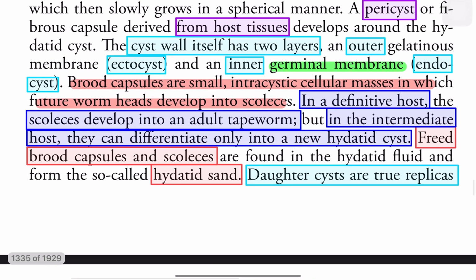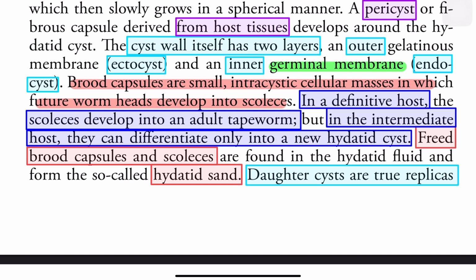In the definitive host, scolices develop into adult tapeworm, but in the intermediate host they differentiate into new hydatid cysts. So in humans and sheep they develop only cysts, but in a definitive host like a dog they can develop into adult tapeworm. Important difference.